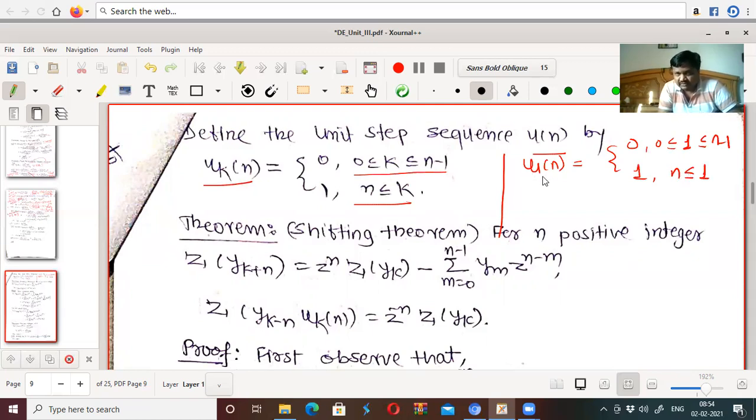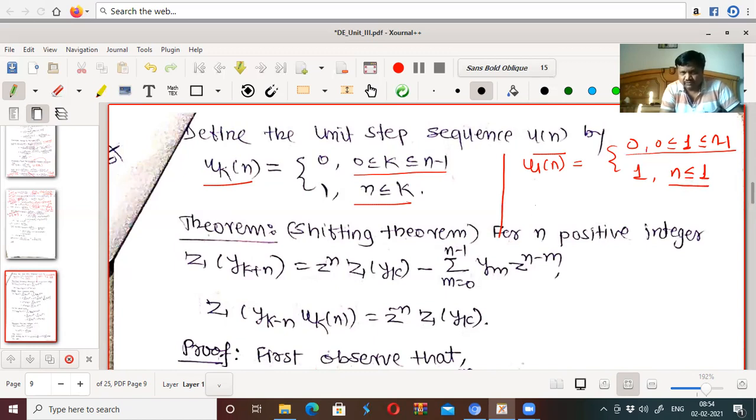So u1 of n equals 1 if n is greater than or equal to 1, and it is 0 otherwise. What is the meaning of this now?